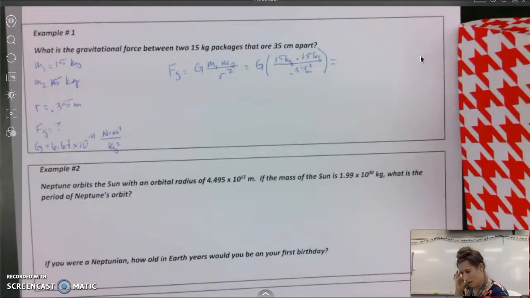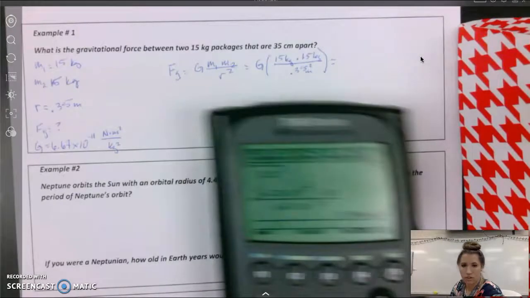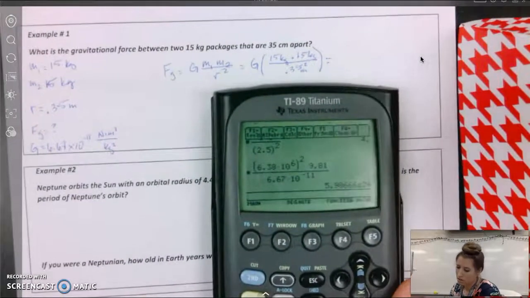Let me show you how I plug this in. I'm going to take G, 6.67 times 10 to the negative 11th. Anytime I have something in scientific notation, I like to put it in parentheses, saying treat this all as one number, one unit. And when we're multiplying that by this whole thing, the top is mass 1 times mass 2, and the bottom is 0.35 squared.